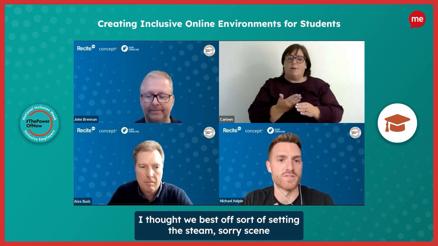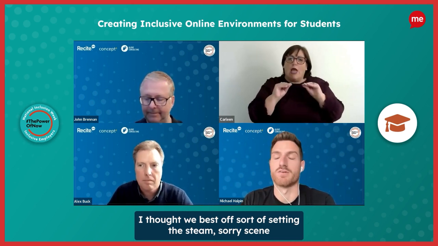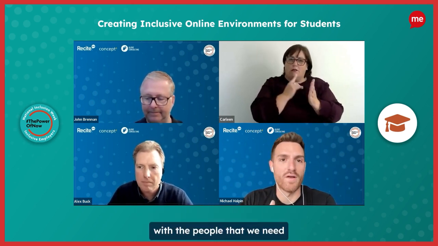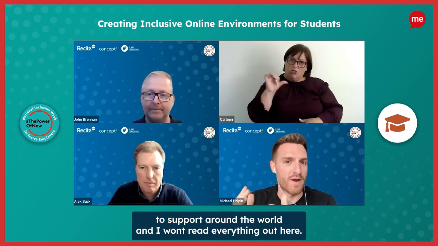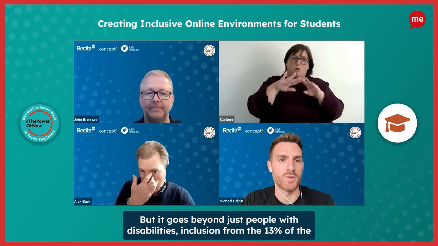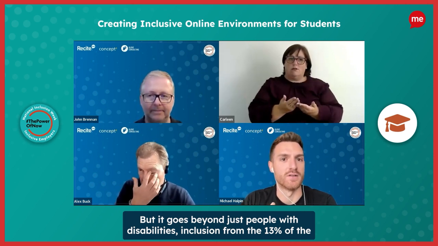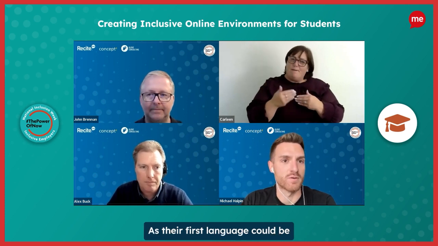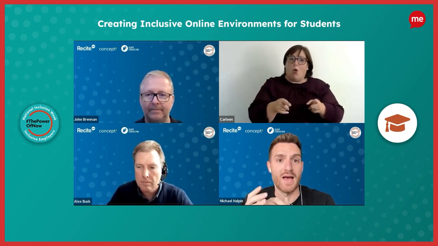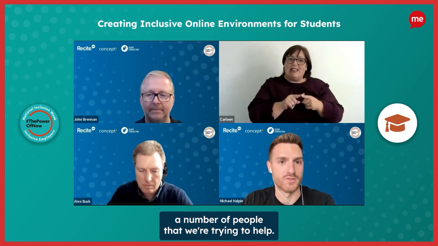So before we go into some education facts, I thought it'd be best to set the scene with the people that we need to support around the world. I won't read everything out here, but it goes beyond just people with disabilities. From 13% of the population that don't speak English as their first language, that could be a number of people that we're trying to help.